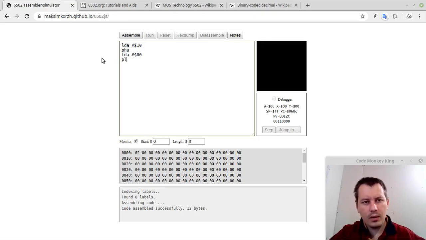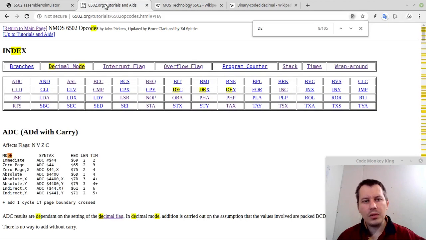Okay, and then we can pull this value back to A. So let's assemble and start with the debugger. So initializing the A, pushing this to stack. The stack pointer decrements by 1, which is kind of predictable, right? And then we reset the A, and then we pull the value back from stack. So this is how we can free the register for a bit of time and then just get the data back. And actually I haven't tested this yet, but this should work the same with TSX to push the value of S to the stack.